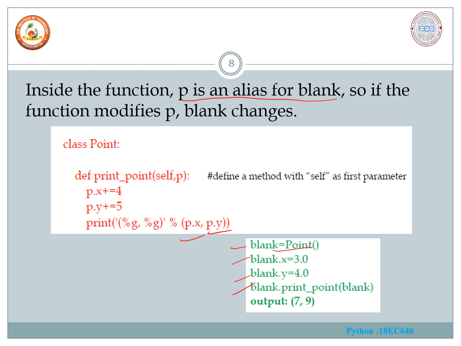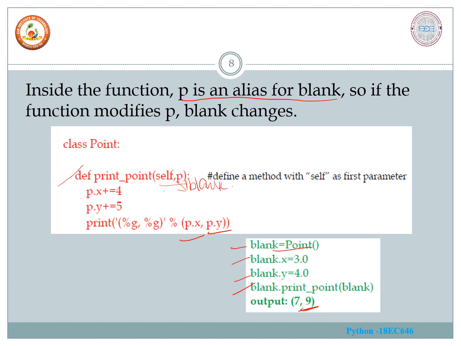If you make it blank.print_point of blank, then the result would be something like this. Okay, 7, 9, which means that you have already defined print_point with an argument passed by self, p, right? So p here is acting like a blank.